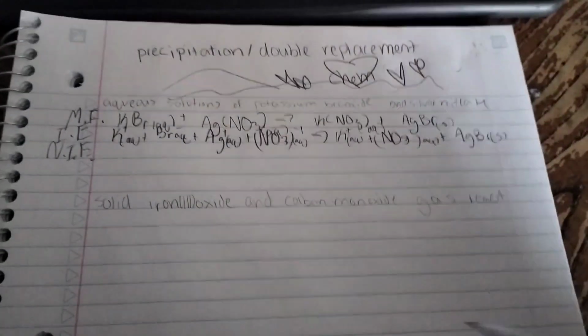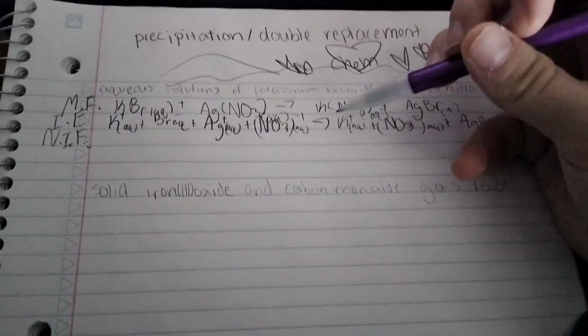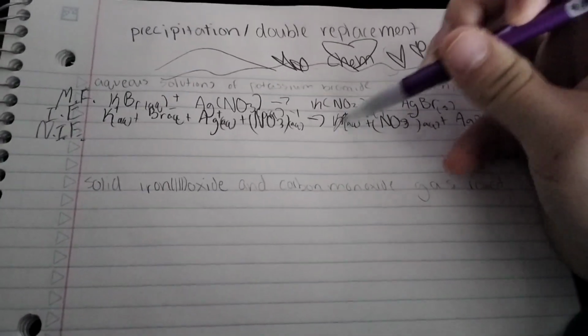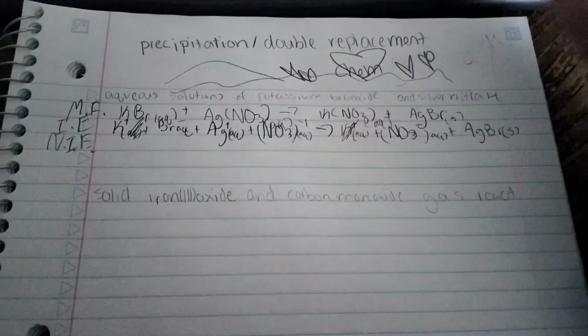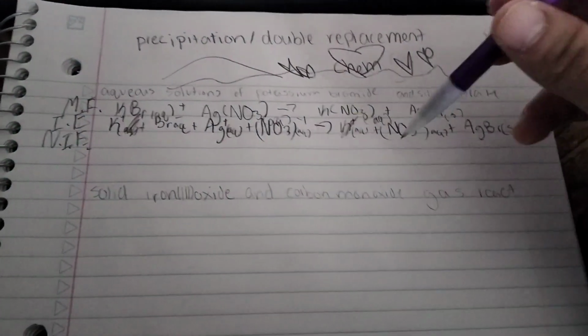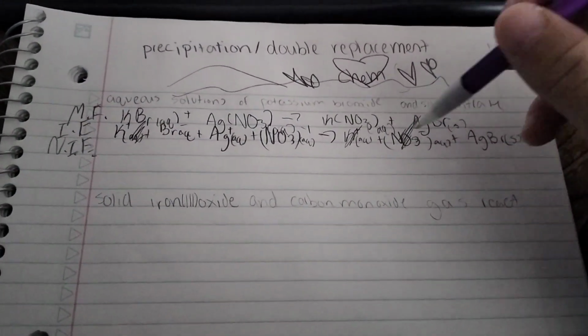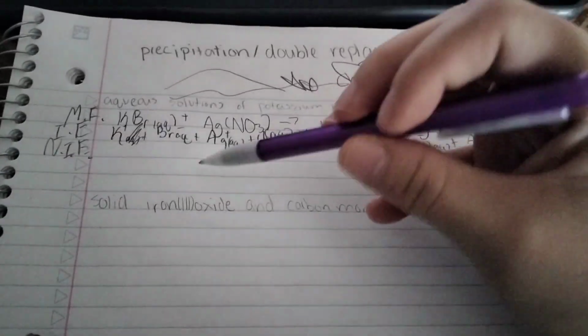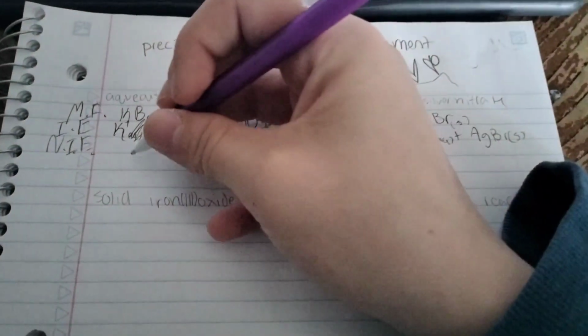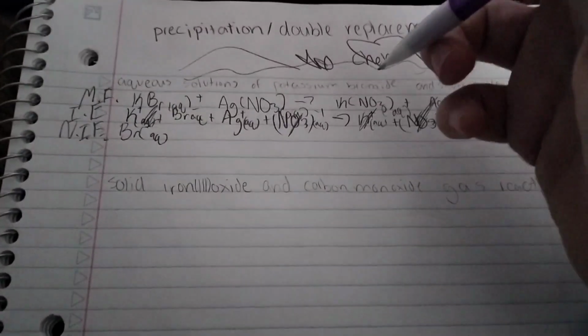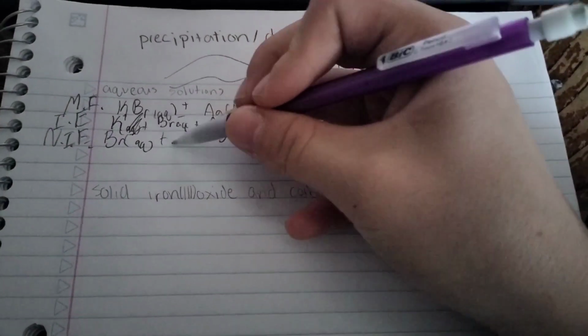But now we're going to cancel out both sides of the equation. We have our aqueous potassium on both sides, so we can cancel that out. We have our nitrate on both sides, so we can cancel that out. And then we just have our net ionic equation, which is going to be bromine plus silver.